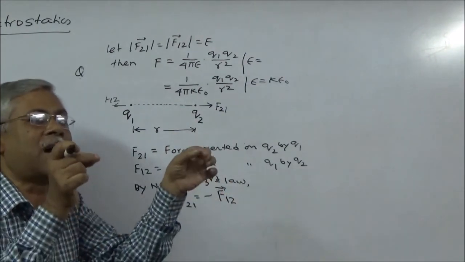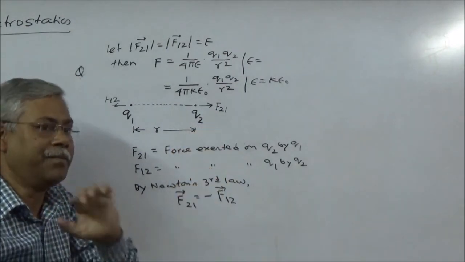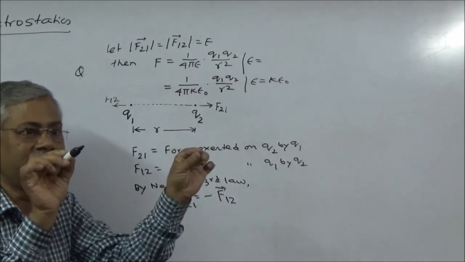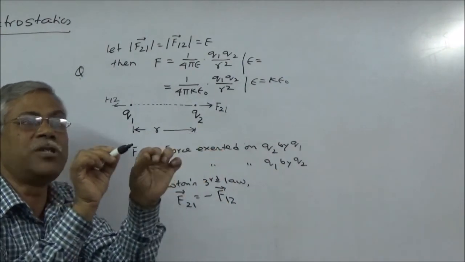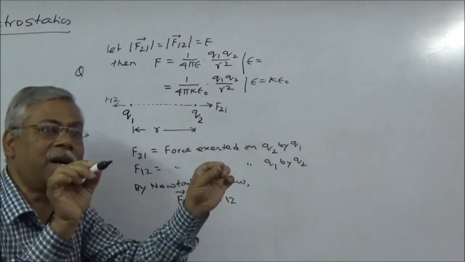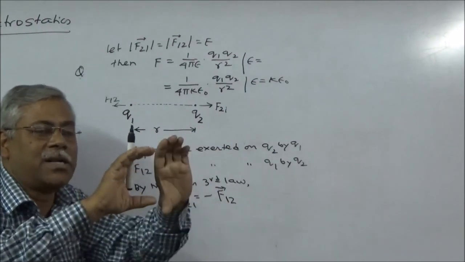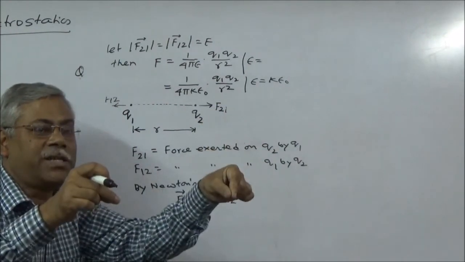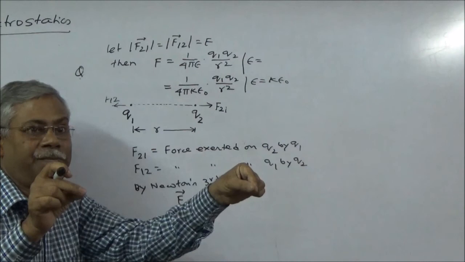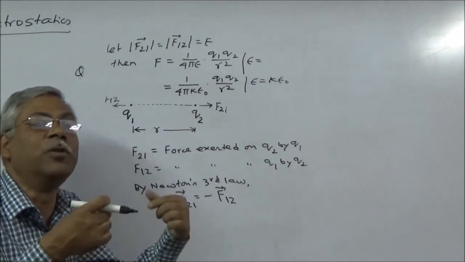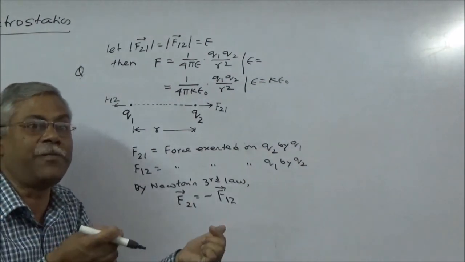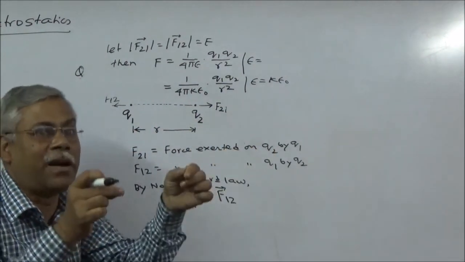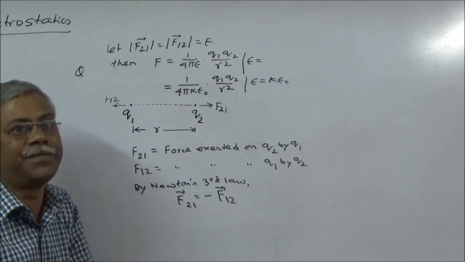That means if you place charges in rubber, the force will immediately be reduced. Two charges placed in air, the force is greater. When the same charges are placed inside a rubber pad at the same separation, the electrostatic force will be less. In air, if it is 100 Newton, in that rubber pad it may be 10 Newton.